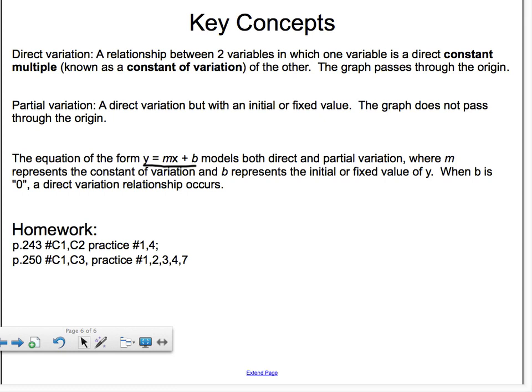That means how many times is this thing a multiple of, and b represents the initial or fixed value of y. So essentially when b is 0, a direct variation relationship occurs.